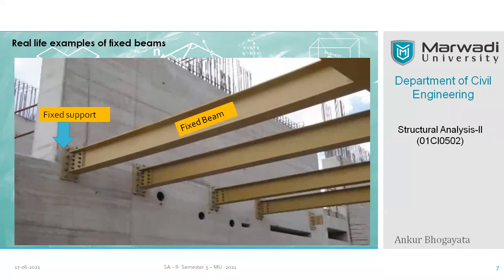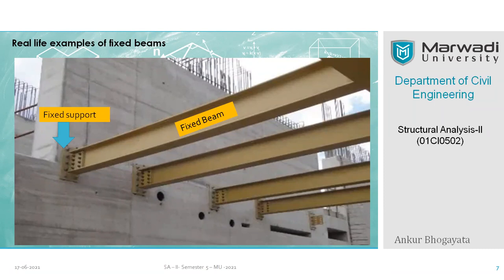So always remember, whenever you want to extend the length of the beam by connecting two pieces together, always go for a 100% rigid joint in any case, any material. Let it be steel, let it be timber, and let it be RCC itself. So I have collected more references, more images for all these three materials.